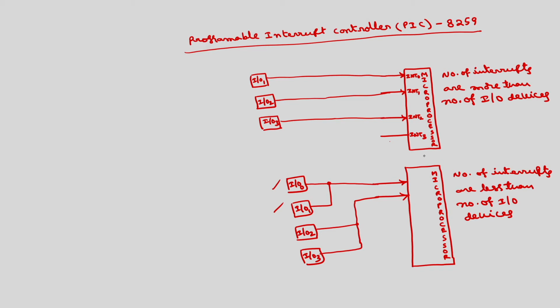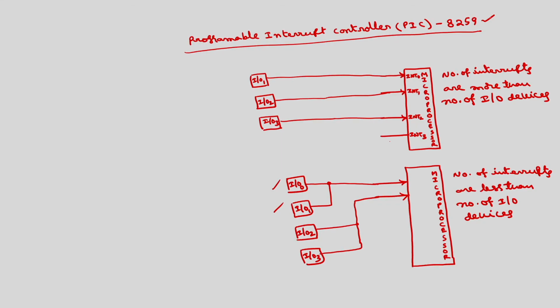Some sort of mediator is required between the I/O and microprocessor, which will manage the efficient use of this interrupt system. That manager is this 8259. 8259 will act as the overall manager between the I/Os and microprocessor.